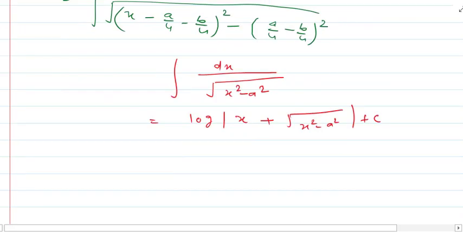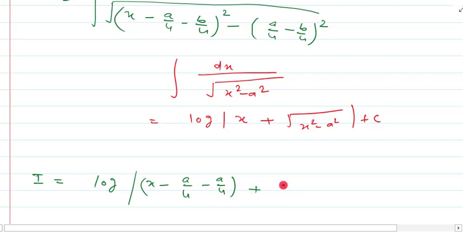So using the same identity over here, we are getting I equal to log of x, where x means this whole, x minus a upon 4 minus b upon 4. You can put x minus a by 4 minus b by 4 as t, then dx will be dt, but there is not such a big difference after substituting, so that's why I am taking it directly over here.